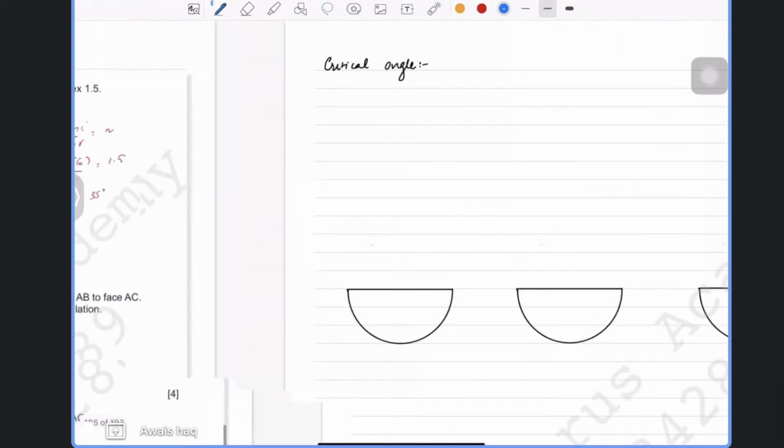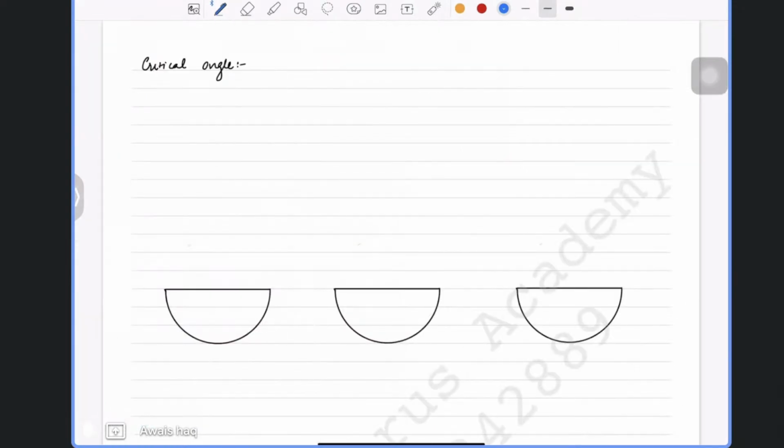Then we are going to go to the critical angle. Now, critical angle is defined as an angle of incidence, let's just write angle of incidence, where the refracted ray bends 90 degrees to normal, like this, right?